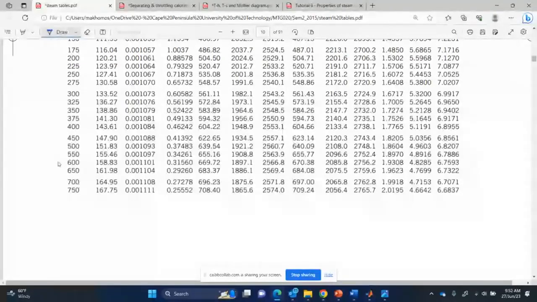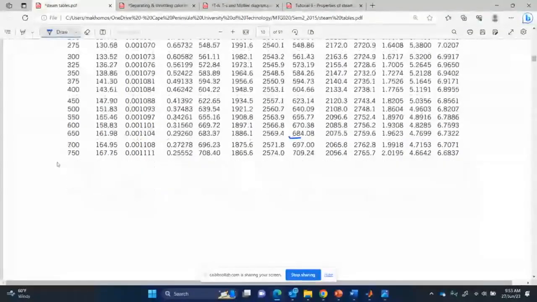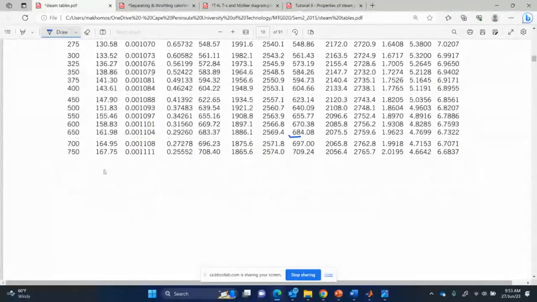So HF is between 684 and 697. HFG is between 2075 and 2065. We have to interpolate. So let's start with the first one.